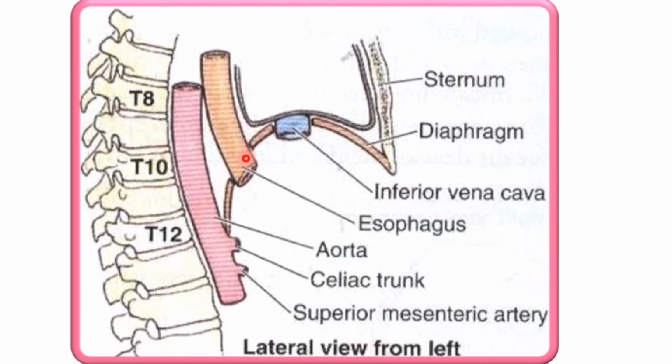It will also transmit the esophageal branches of the left gastric vessels and also the lymph vessels. The last opening here, that's the aortic opening, alongside transmitting the abdominal aorta, will transmit one big vein, the azygos vein, and also the thoracic duct.